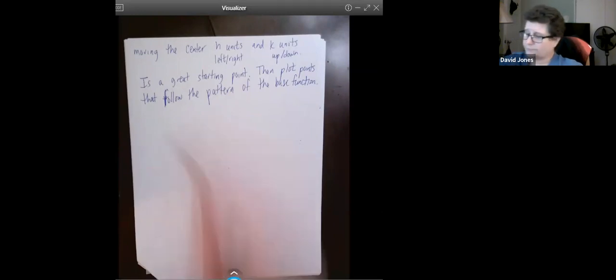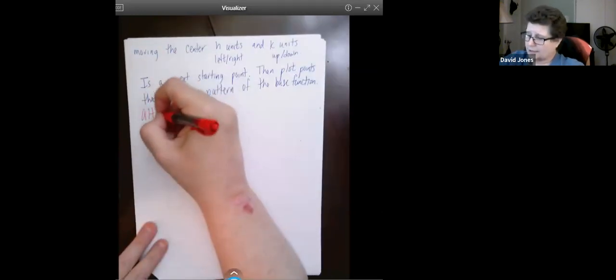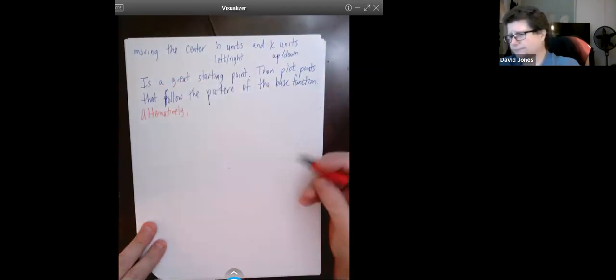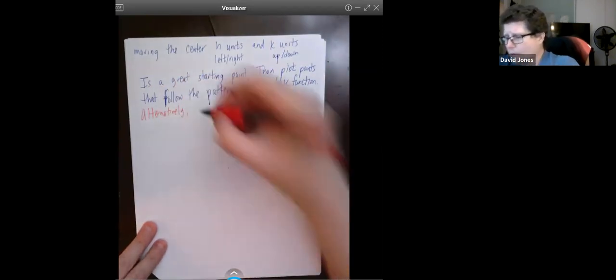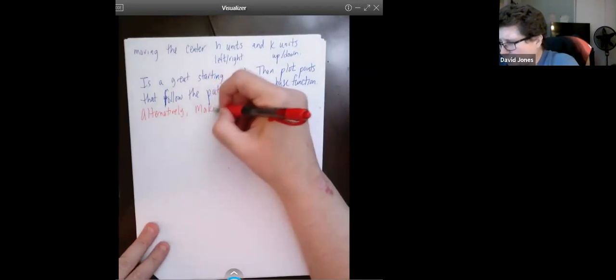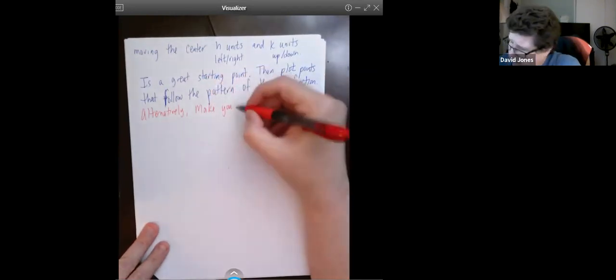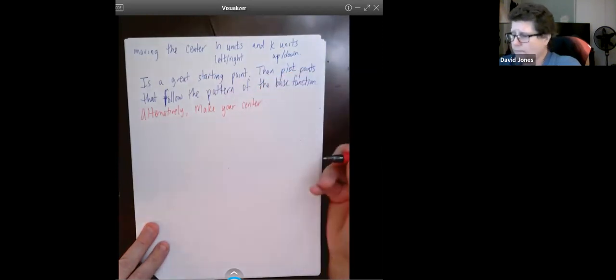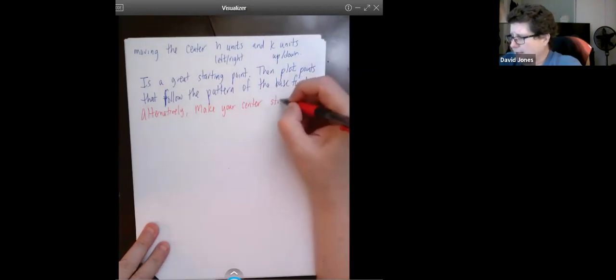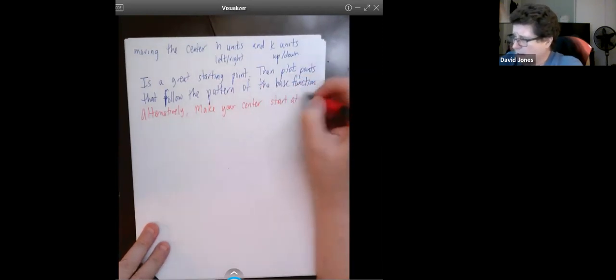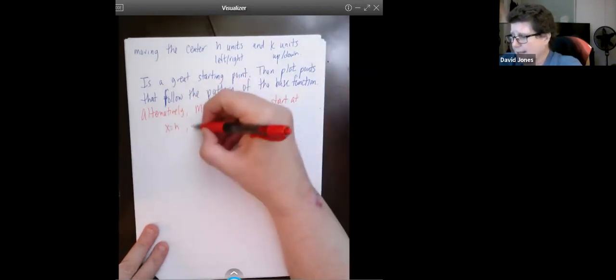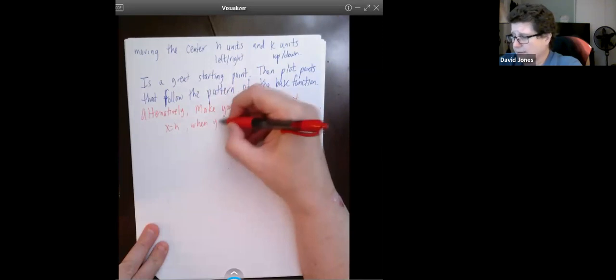Alternatively, and this is what I was saying on the last page, make your center start at (h, k). x equals h. When you plug it in, you're going to get y equals k.